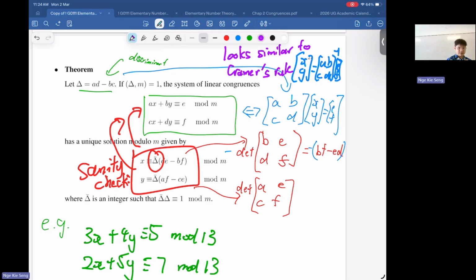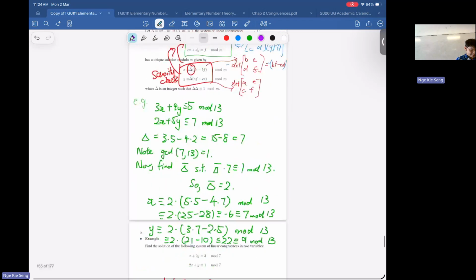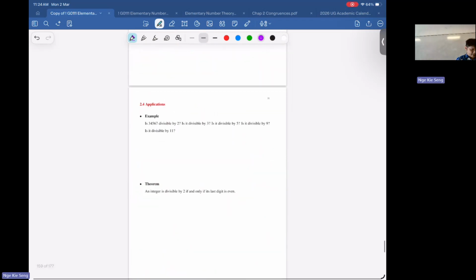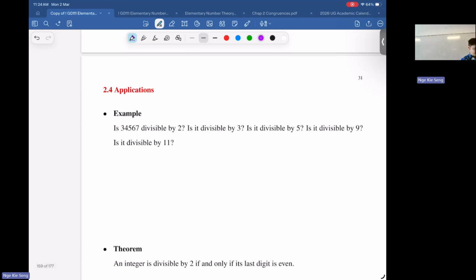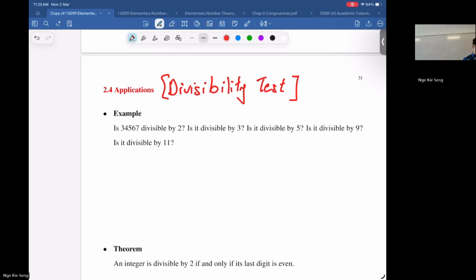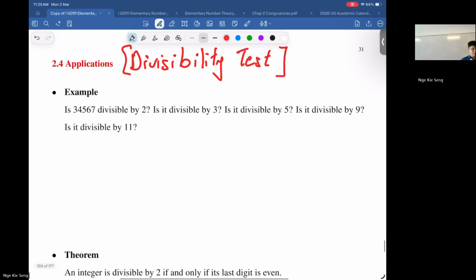Okay, in this case, let's go to the next part on divisibility. These are the divisibility tests. It tells you when a number is divisible by another number. Let's say I give you a random number here, 34567. This is a motivating example.